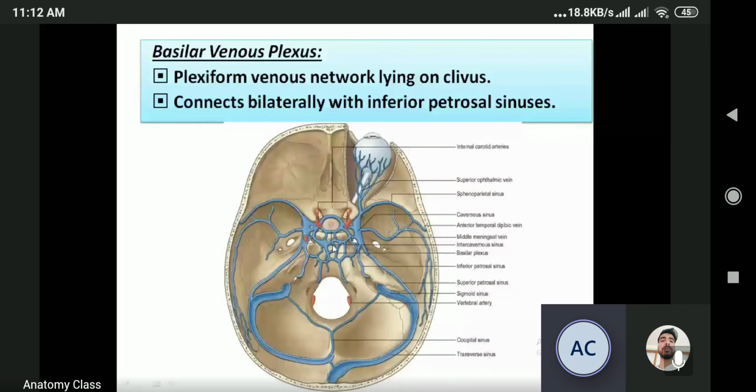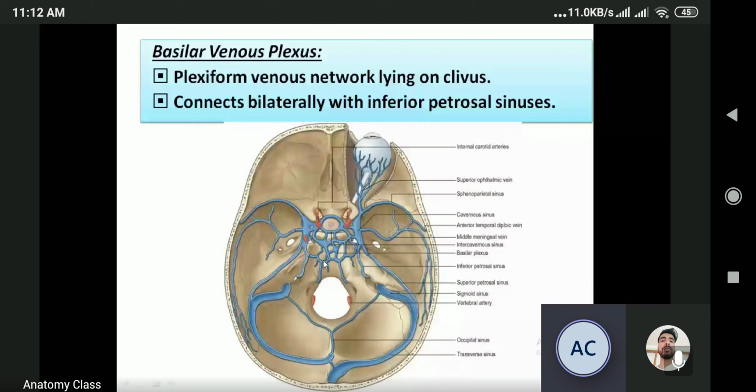Within this clivus, a plexus of veins is present, known as the basilar venous plexus, and this is connected bilaterally with the inferior petrosal sinus.